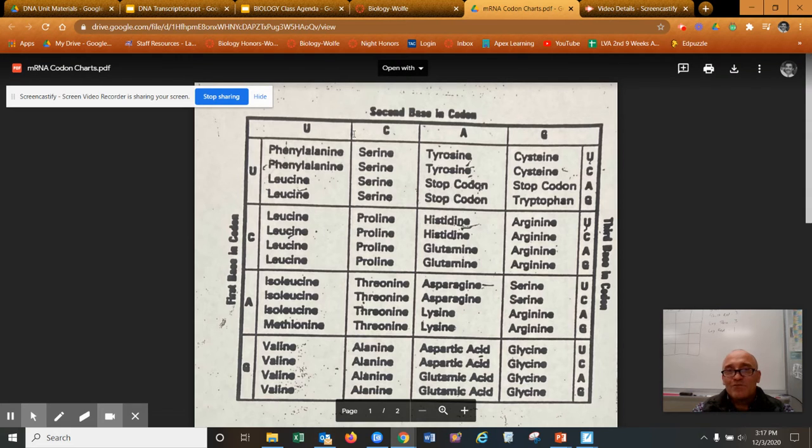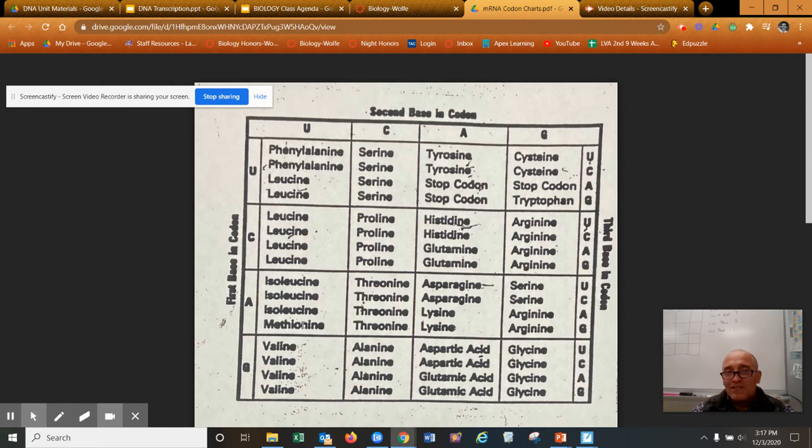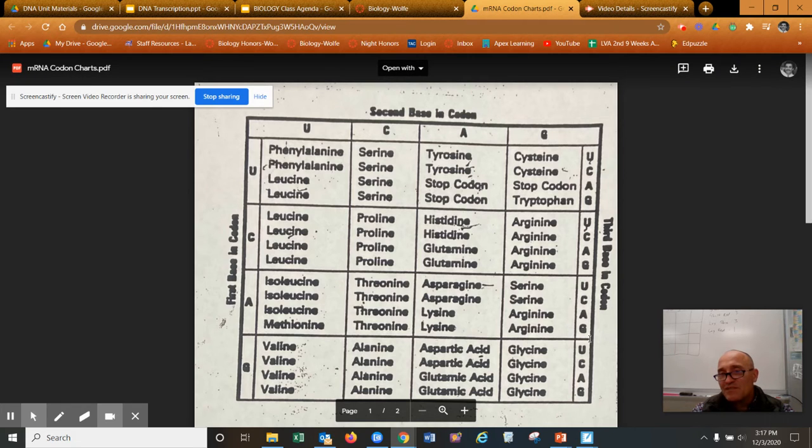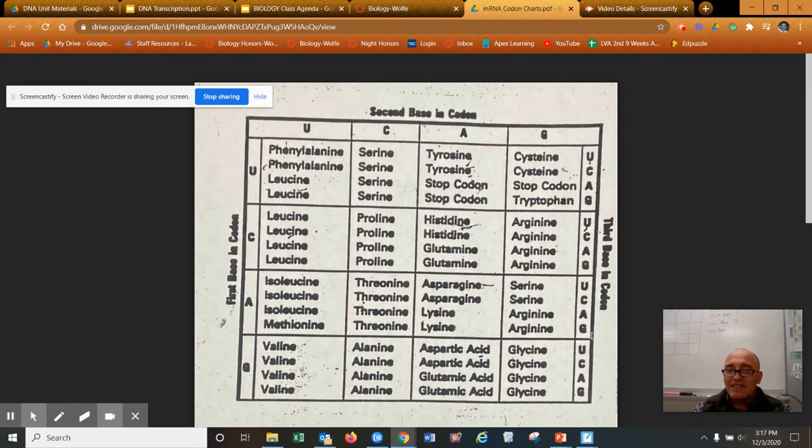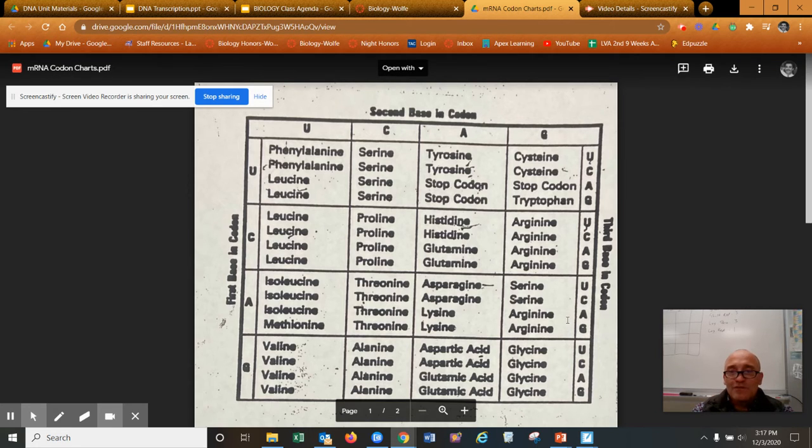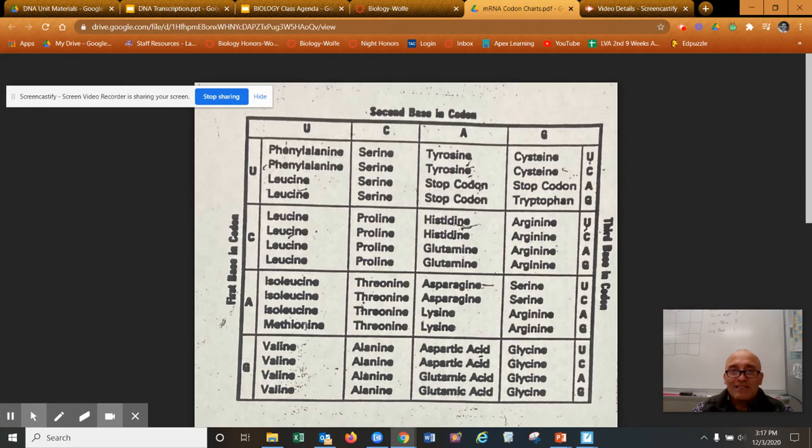Then you look up the next one across the top, it's a U. So you intersect the A and the U, and it tells you it's one of these four. And then you go over to the far right side for the third base, which is G, come back to here, and that tells you that AUG is methionine.